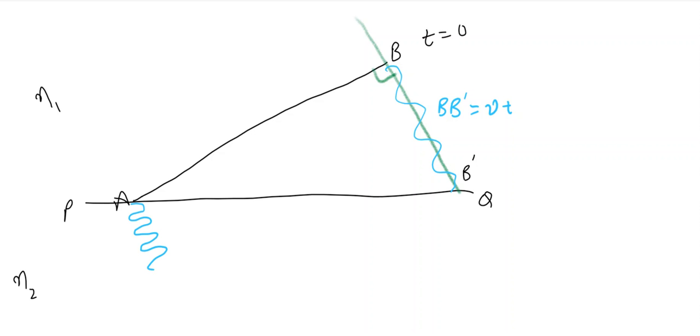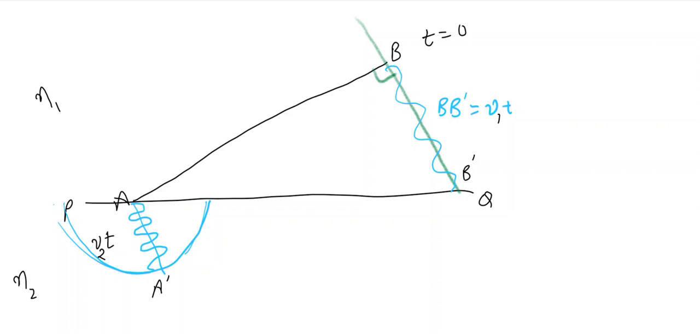Now the medium is changed, and because of that the distance traveled will not be the same. Let us consider this blue line as the distance traveled by the secondary waves of A. If I assume that the secondary waves of A have reached point A prime, then AA prime would be V2t.